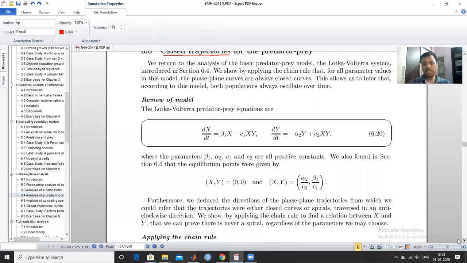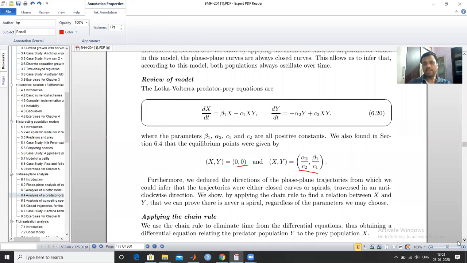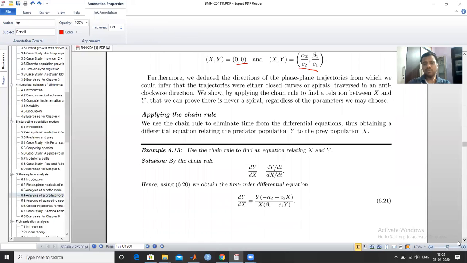We have already discussed that the equilibrium points are these two points. Then we have to find the relationship between x and y. To find it, we have to eliminate t. By the chain rule we can write dy over dx as in the previous case.